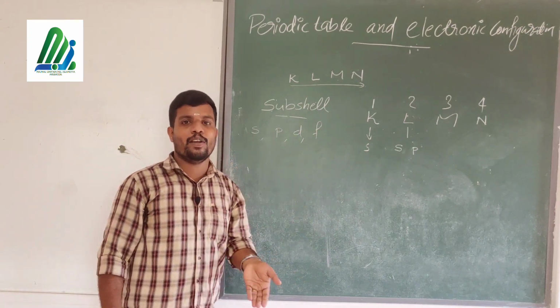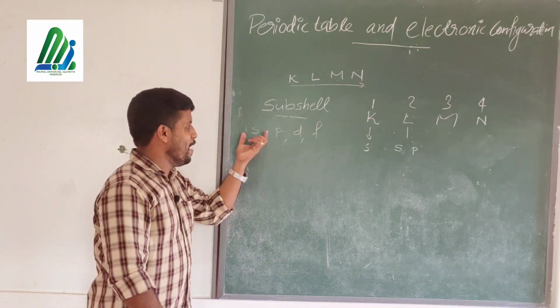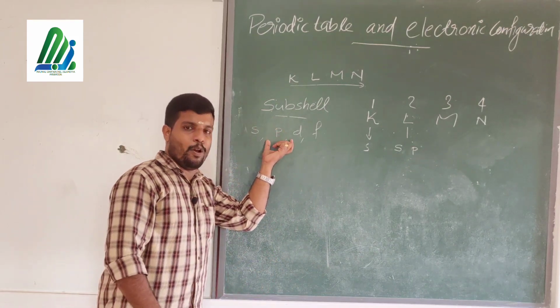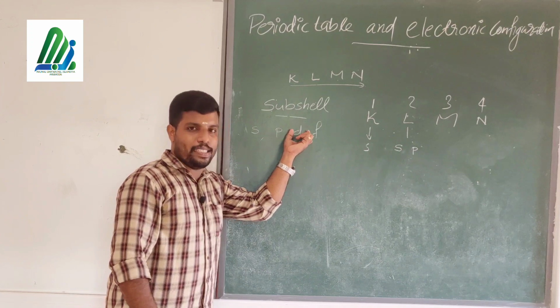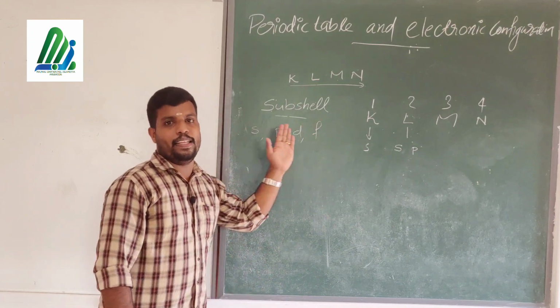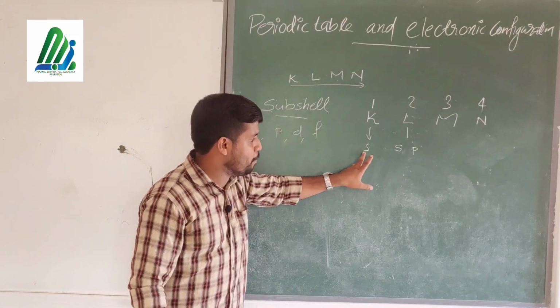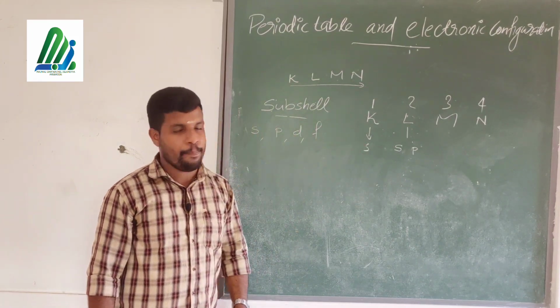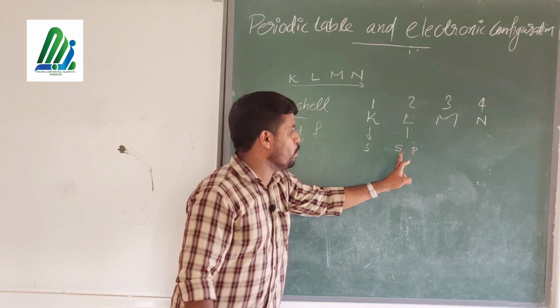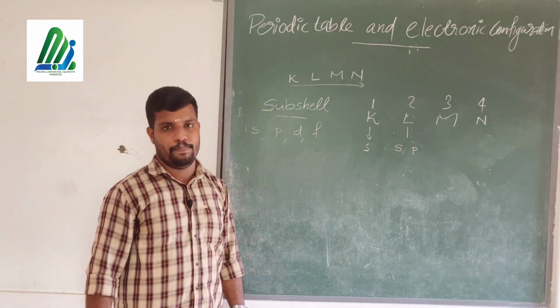This is the increasing order of their energy also. S has the least energy, p has higher energy, then d greater energy, and f the maximum energy. That is the increasing order. The first shell contains only one subshell, s. The second shell contains two subshells, s and p.